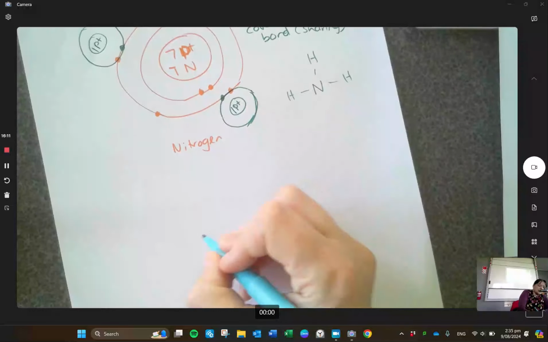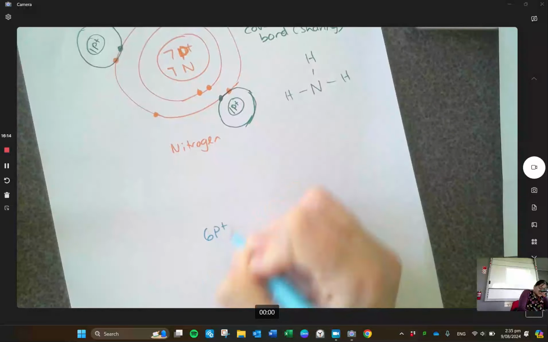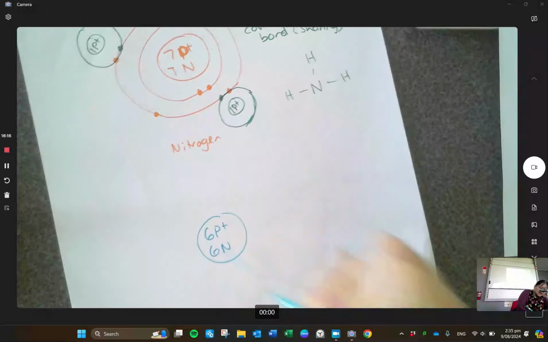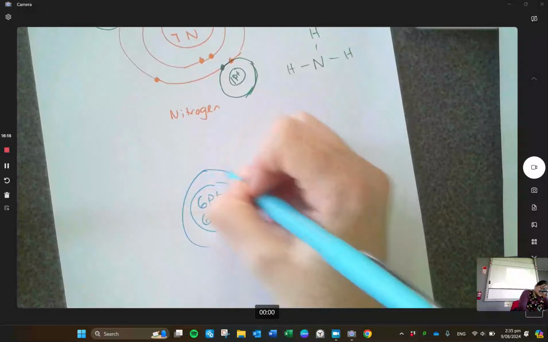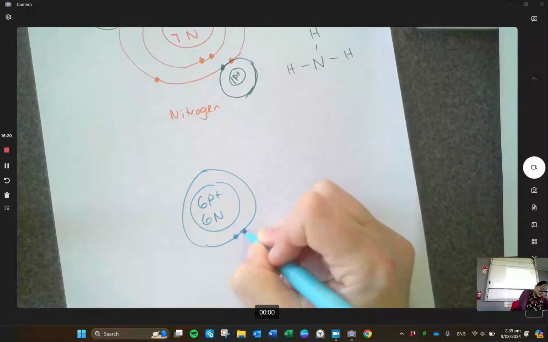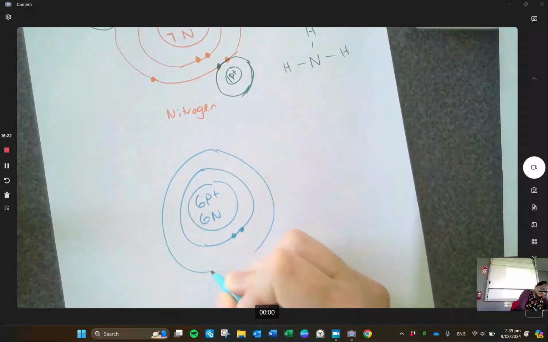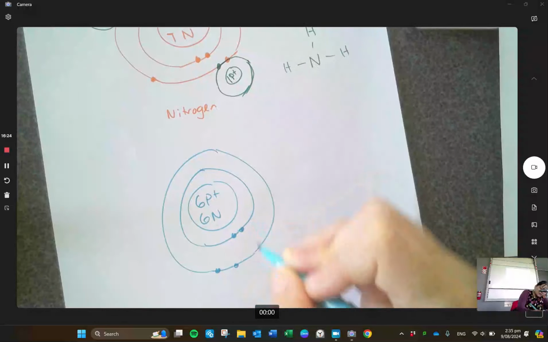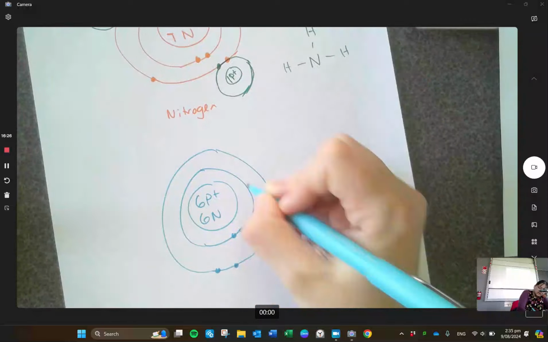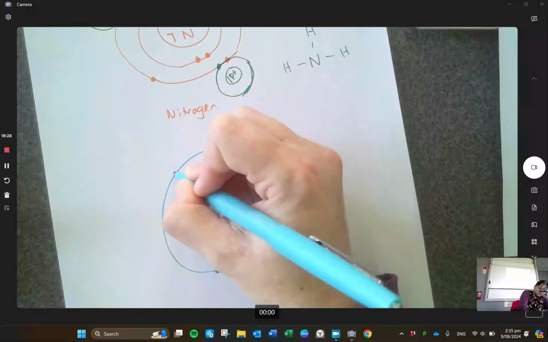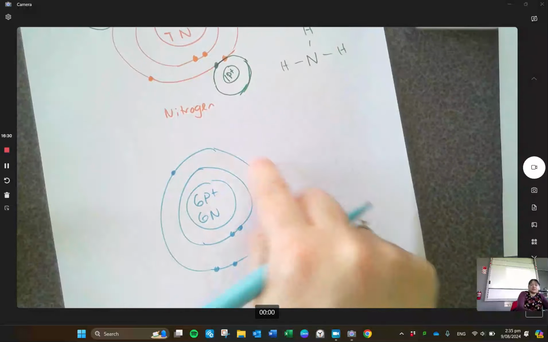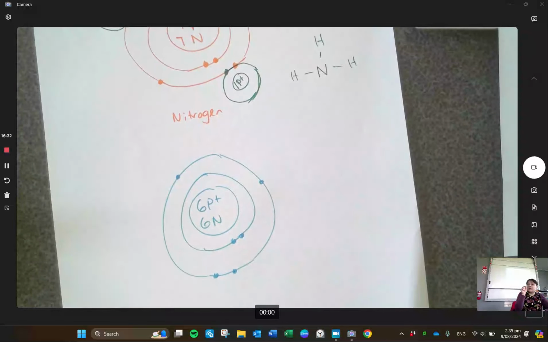So when we do the carbon atom with the atomic number of 6 and we draw it out as an atom, it has 1, 2, 3, 4. Actually, I should spread it out more. No, that's fine. Okay. So 1, 2, 3, 4. So with carbon then, it needs 4 more electrons to be stable. So it's going to be able to then have 4 more things bonded to it.